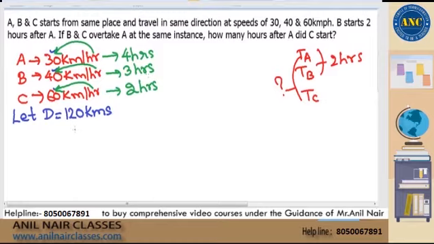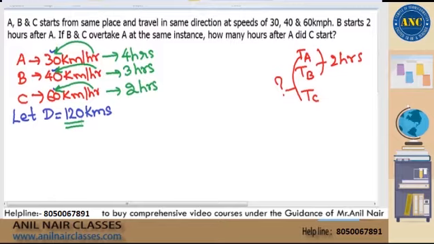Now who assumed this 120? I assumed this 120. Because of this 120 only I am getting this 4, because of 120 only I am getting this 3, and because of 120 only I am getting the 2 also. That means whatever is written on the screen as of now is according to my assumption.